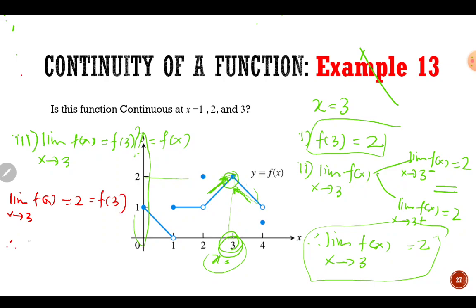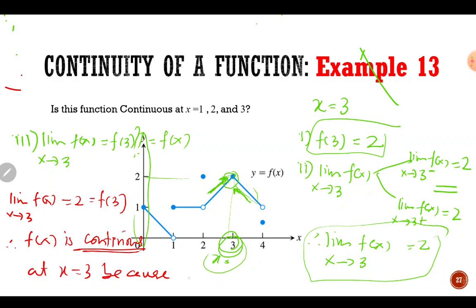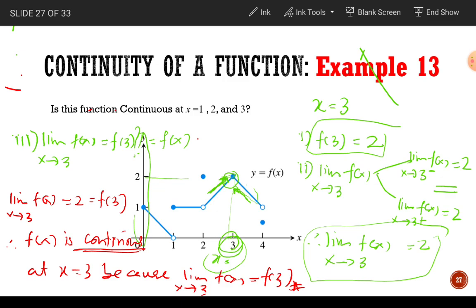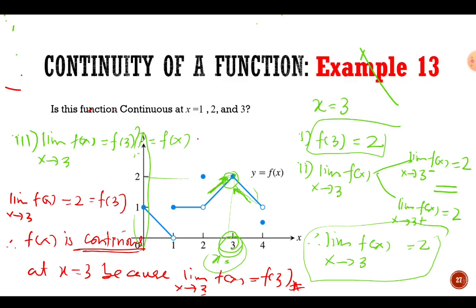So f(x) is continuous this time at x equals 3, because the limit of f(x) as x approaches 3 is equal to f(3). Can you understand? Alright, with this we have finished example 3. That's it for the first part of today's asynchronous lecture.